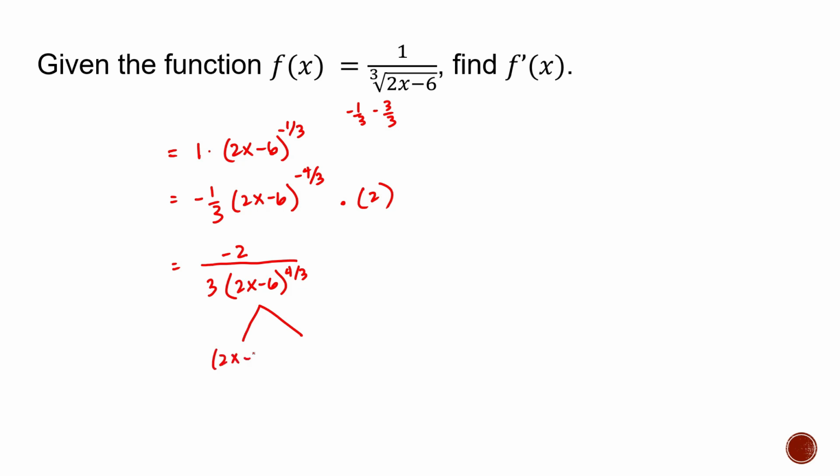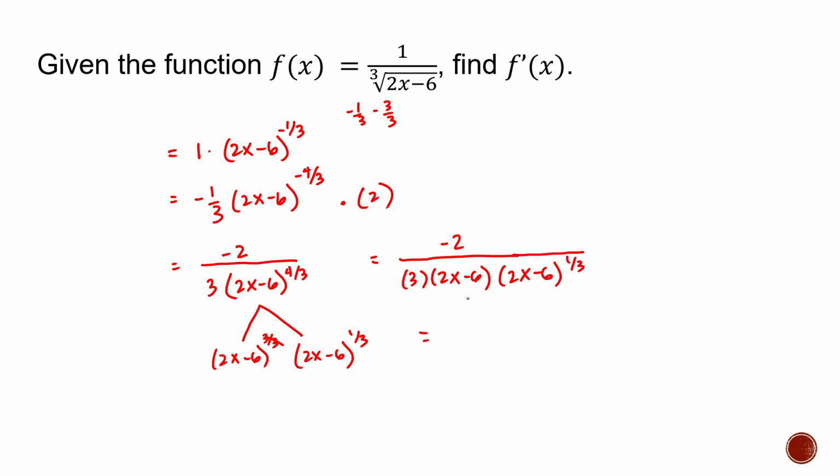That's (2x minus 6), so that's 3 over 3, and then (2x minus 6) raised to 1/3. So that means we can cancel this, and that leaves us this. In the denominator, we have 3, and then 2x minus 6, and then another (2x minus 6) raised to 1/3.